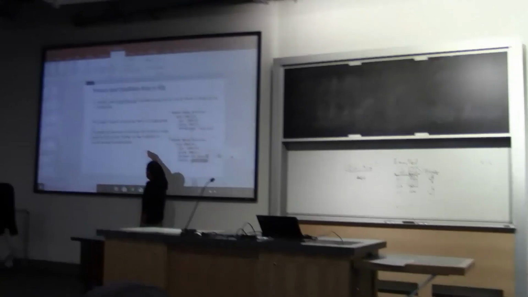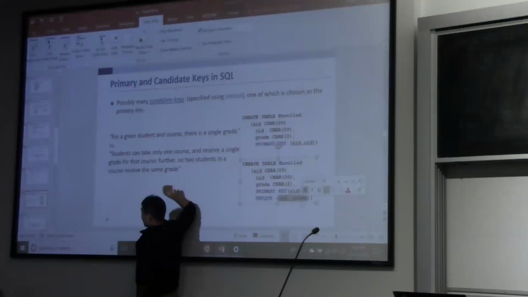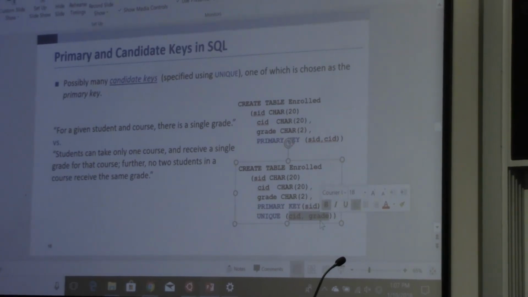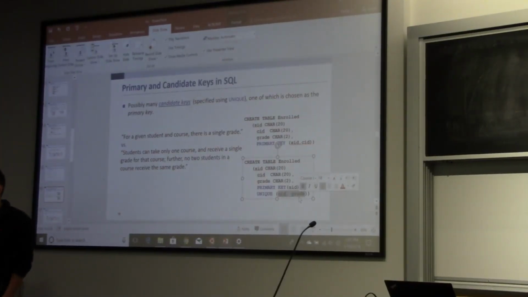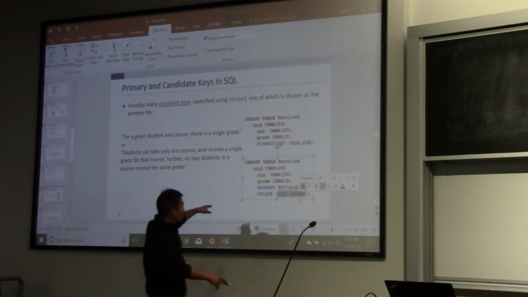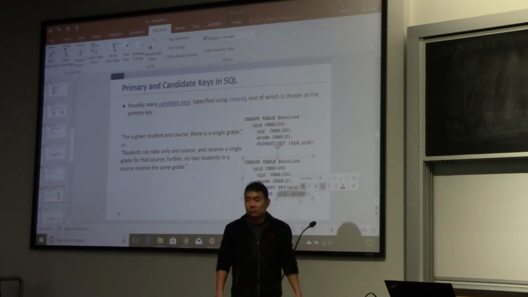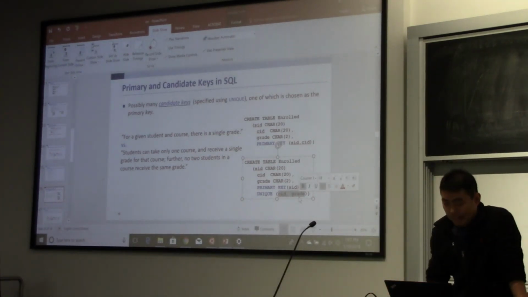The university administrator may come back and say, oh, we figure that's too restrictive, now students may have the same grade for the same course. Then you will need to remove this as a key of your schema. You don't have any freedom whatsoever on that. Okay? All right.